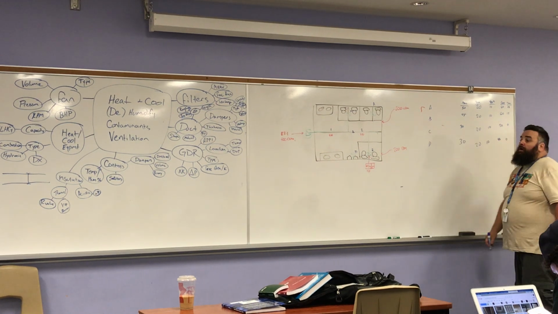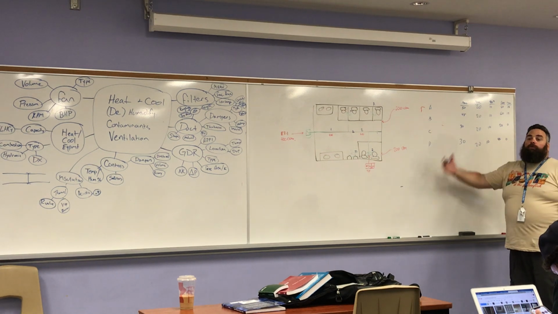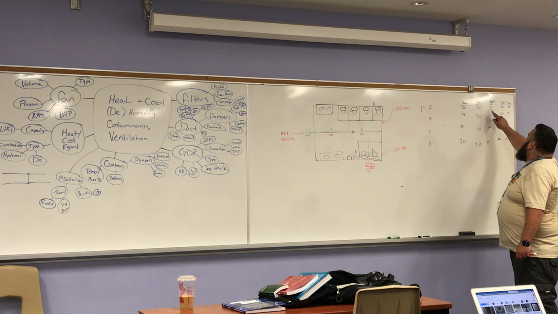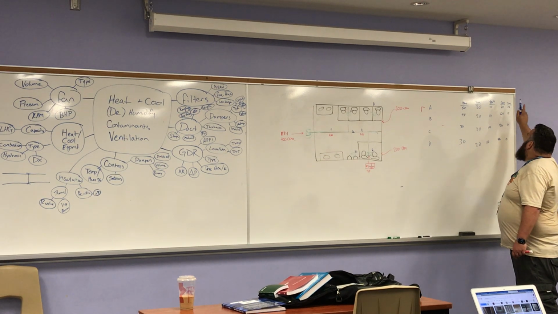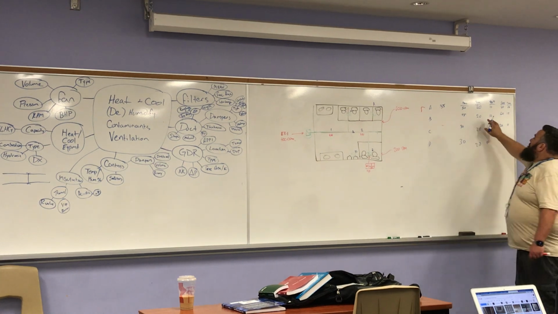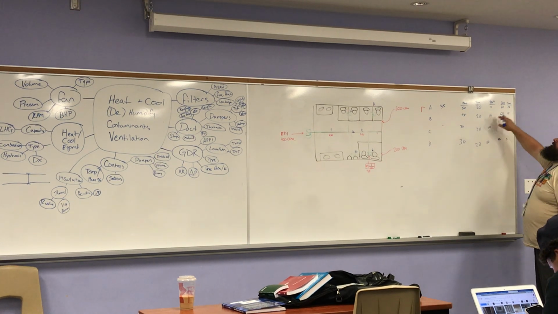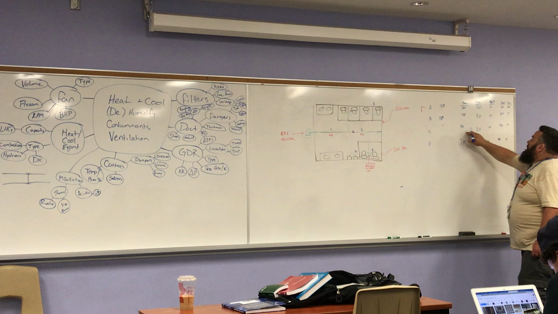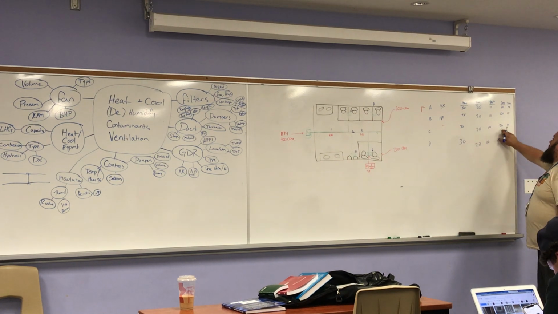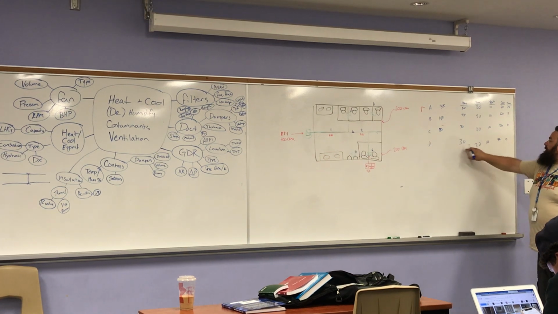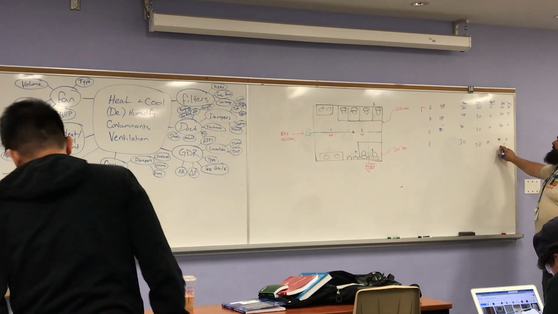Okay, so now we can add up our total length. 50, 70, 80, 140, 155. 45, 65, 75, 135, 150. 30, 50, 60, 80. 30, 50, 60, 100.